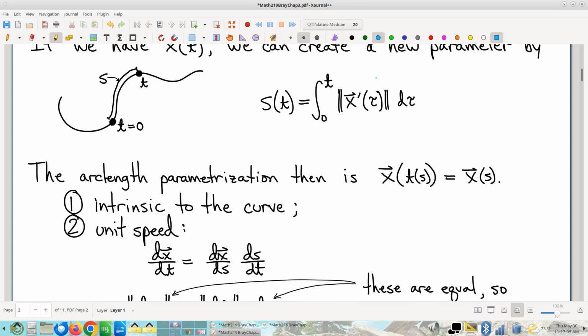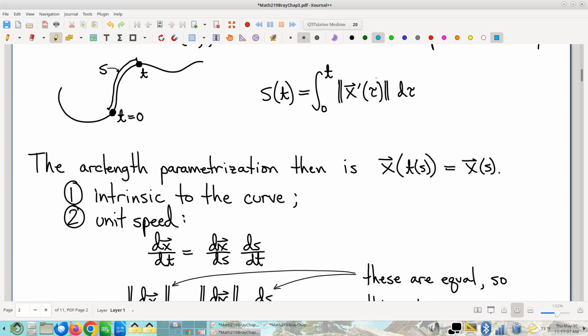Now, why do we like arc length parameterizations? I'm going to make a pitch on this first one here. It is intrinsic to the curve, because this point, for example, saying that that point is described by, well, it's that many miles away from the state line, literally intrinsic to the curve. It doesn't depend on the driver.